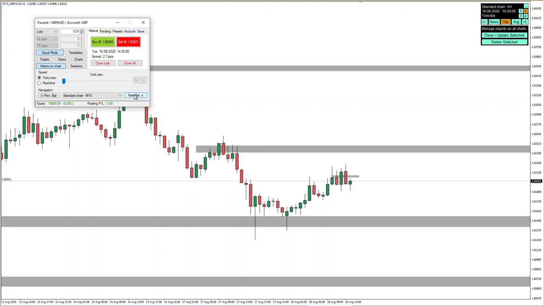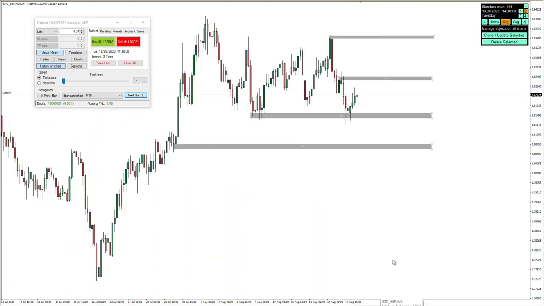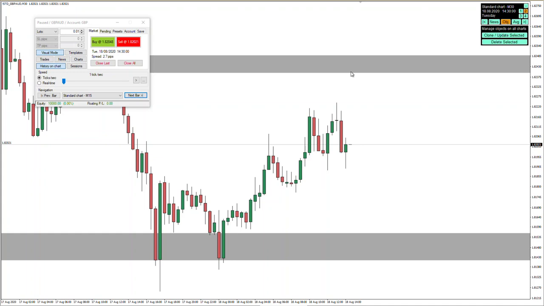And let's go to the H4 again. Yeah, in fact, what we expect is price to move up. So if there's an opportunity, I will buy into this resistance, but not right now.